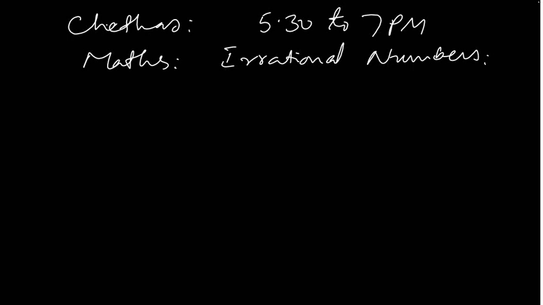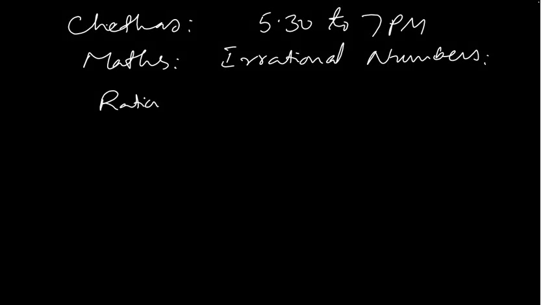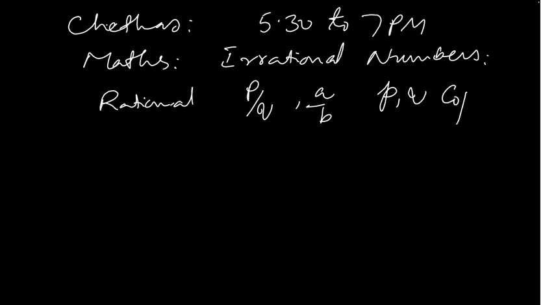First of all, we have the question about rational numbers, which we write as P divided by Q or A divided by B, where P and Q are coprime. Coprime means they have only 1 as a common factor and no other common factors.